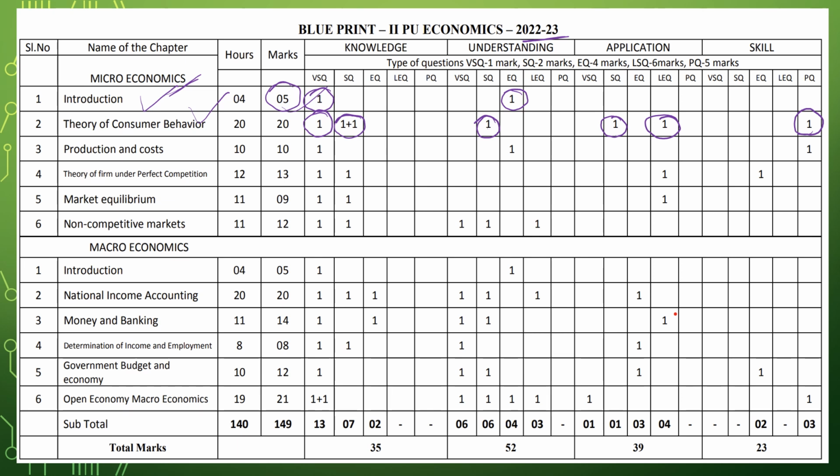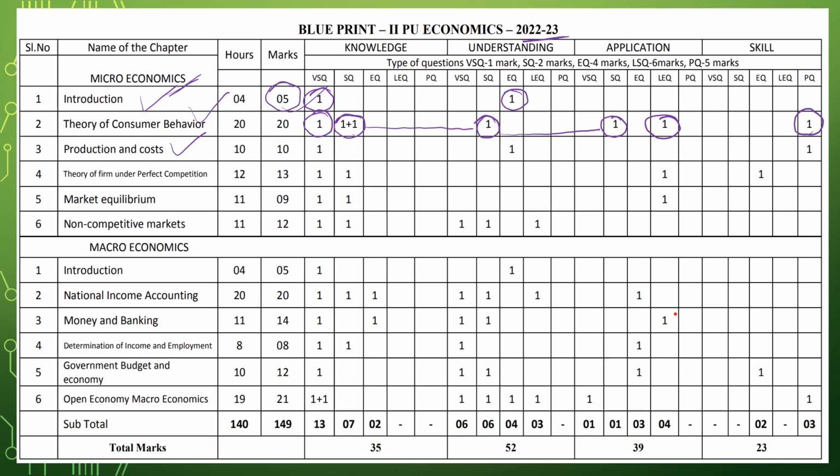So totally here one 1-mark question and four 2-mark questions, and one 6-mark question and one practical oriented question.